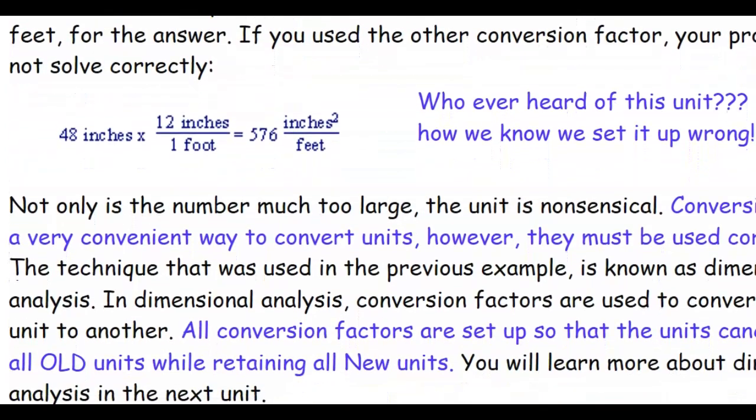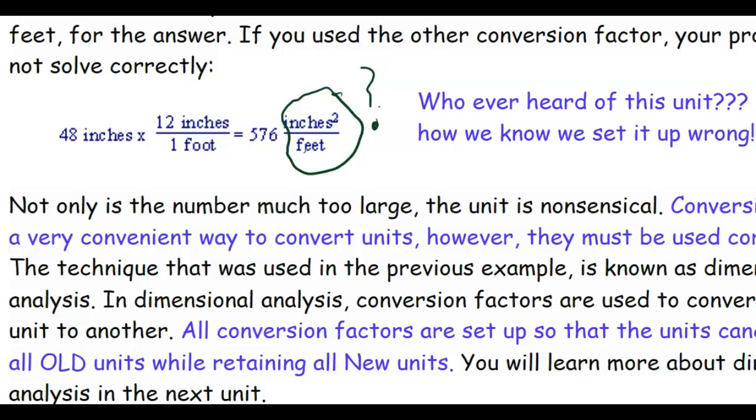Now look what would happen if we had used the conversion factor the other way. We would have had 48 times 12 equals 576, and the inches in the numerator times the inches, or inches squared, whoever heard of that, over 1 foot. So this unit is not a foot.